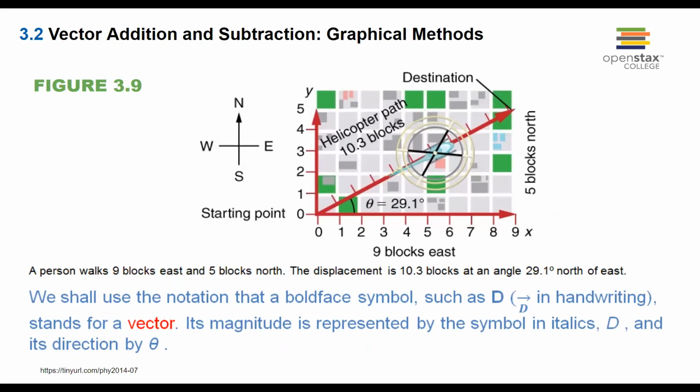Any quantity where, to describe it, you need a magnitude and direction is a vector quantity. In chapter 2, we talked about vectors in one dimension: the displacement in one direction, velocity in one direction, and acceleration in one direction. In that case, you can use positive and negative to indicate the direction, okay?